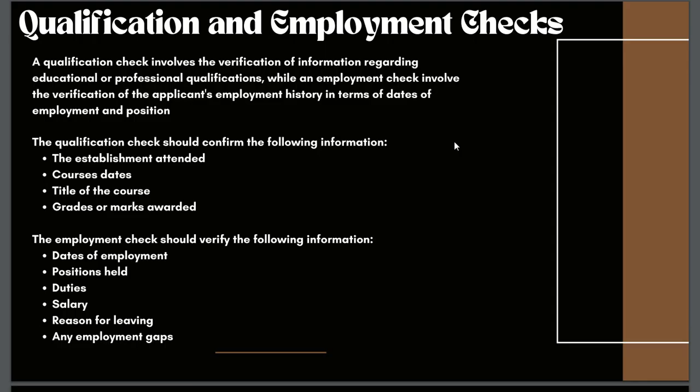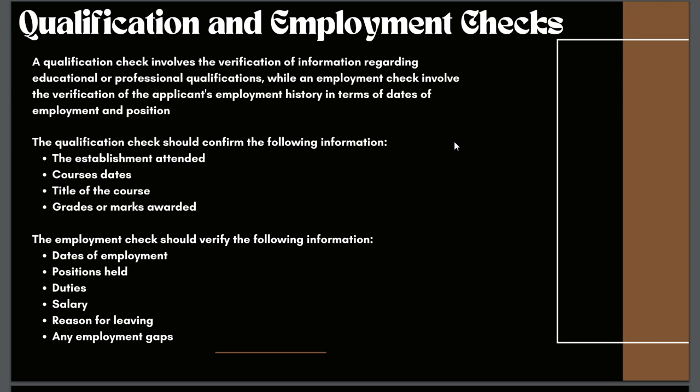So the qualification and employment checks: a qualification check involves the verification of information regarding educational or professional qualifications, while an employment check involves the verification of the applicant's employment history in terms of dates of employment and the position.